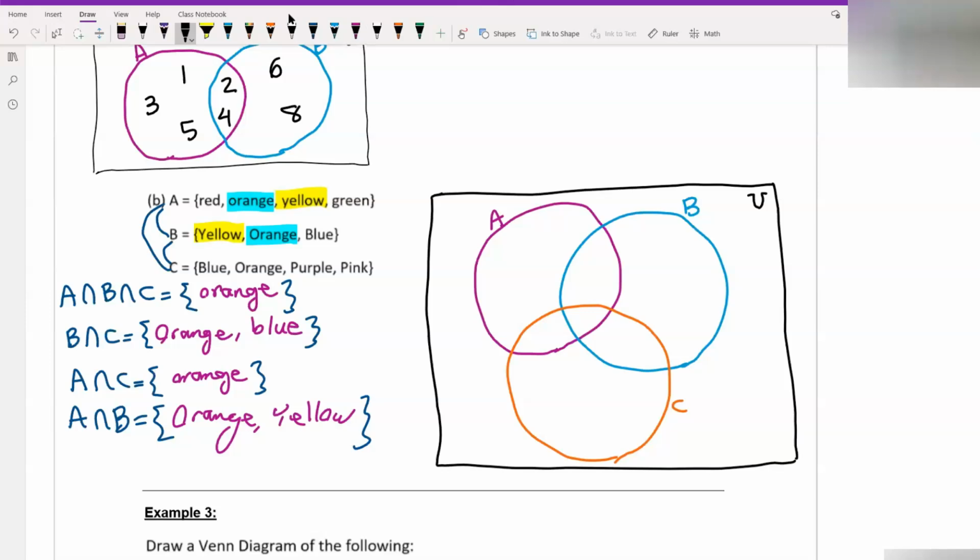Okay, now I'm going to start with the intersection between all these 3, and writing that one inside. Here is the part that is in common between all 3. So that is orange.